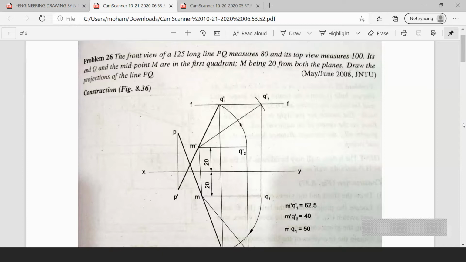Understand? Okay, this is the same problem which we have done just now. That was in the end points, this one is in the midpoint.